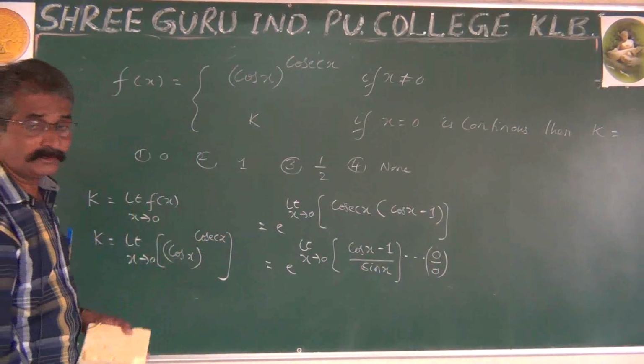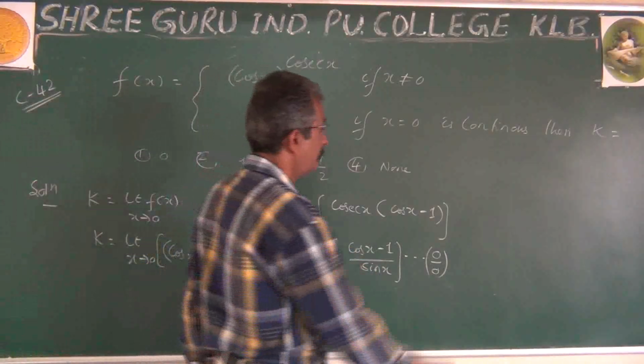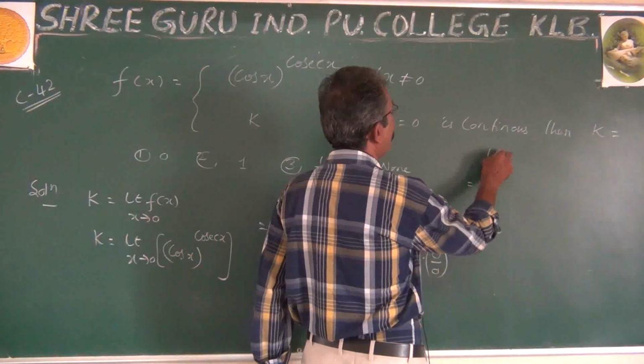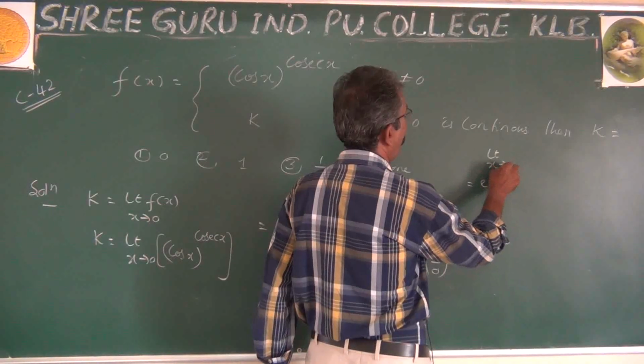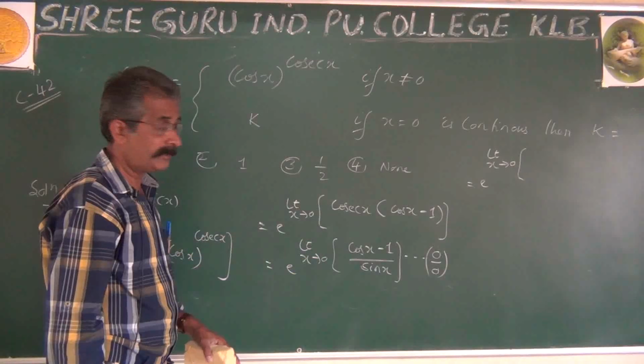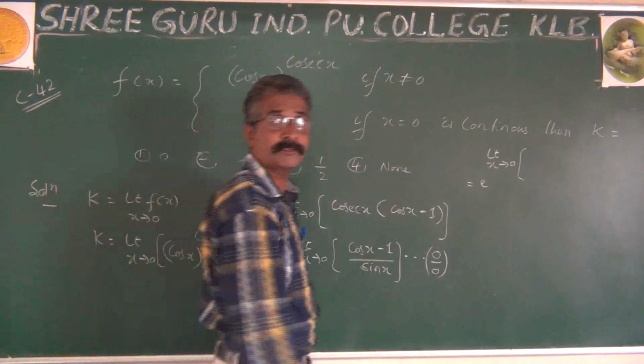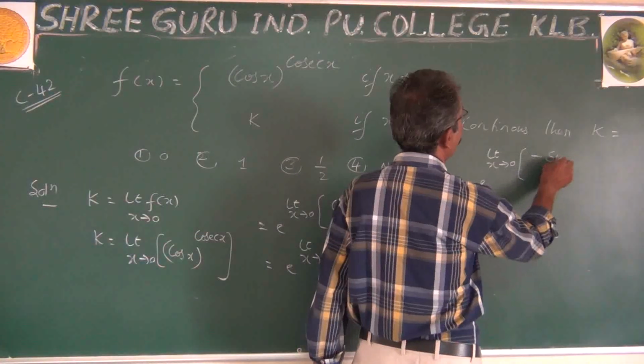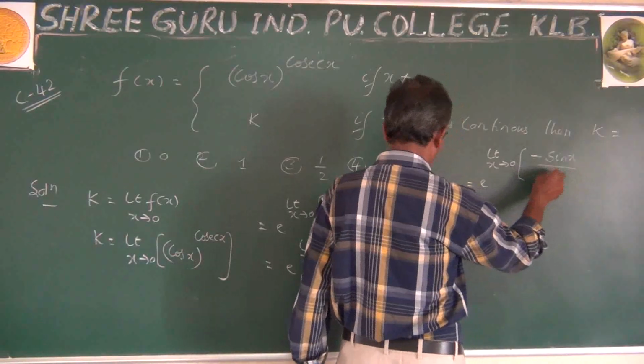Let's apply L-Hospital rule here. So that is e raised to limit as x tends to 0. What is the meaning of L-Hospital rule? Differentiate numerator and denominator. Differentiation of cos x minus 1 is minus sin x, divided by differentiation of sin x, which is cos x.